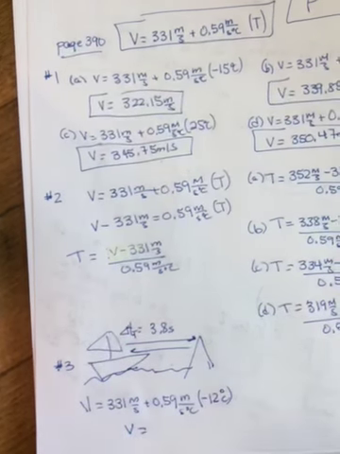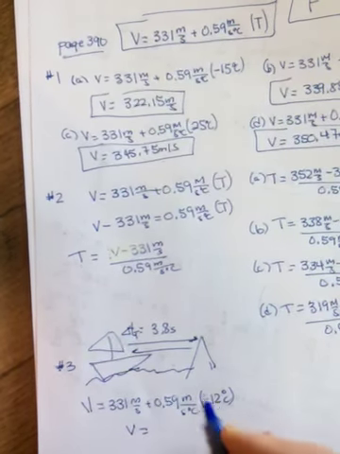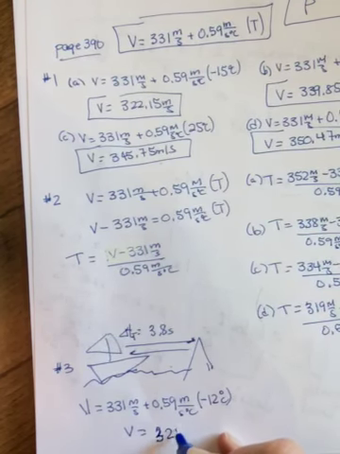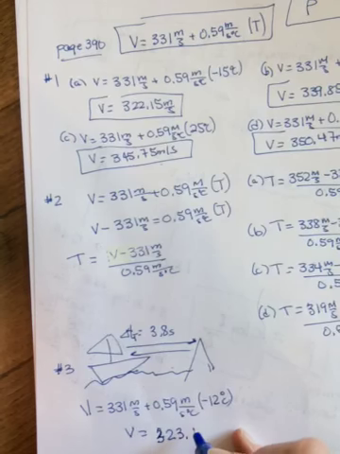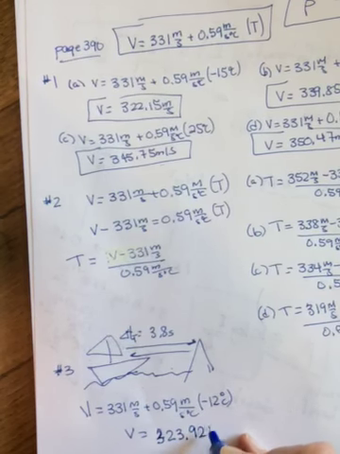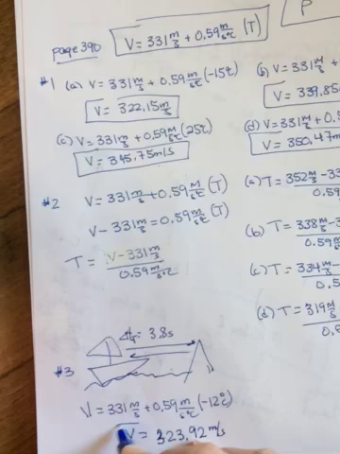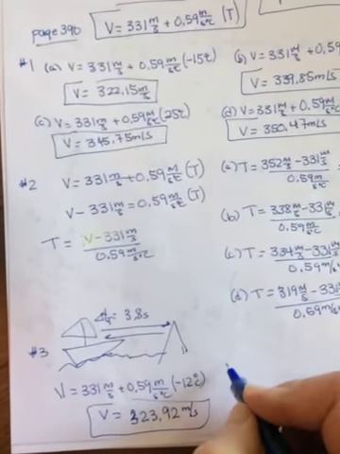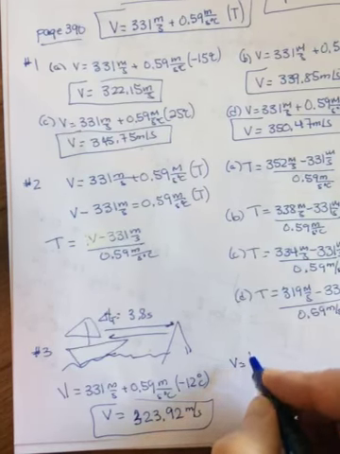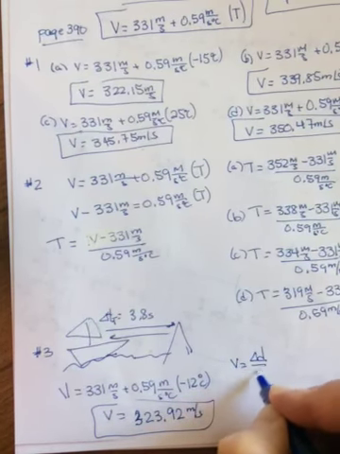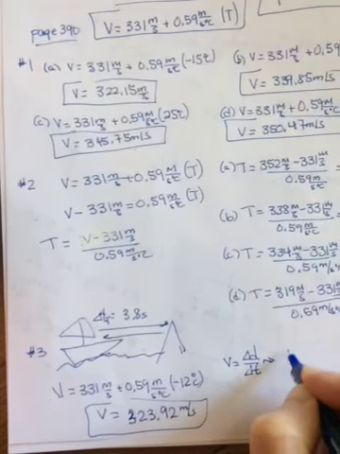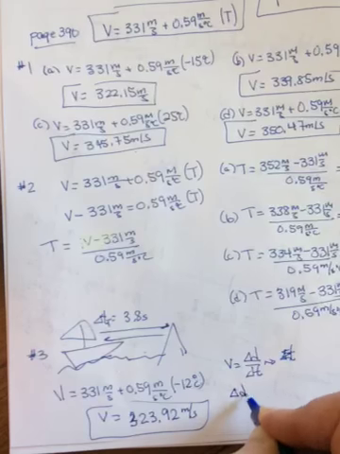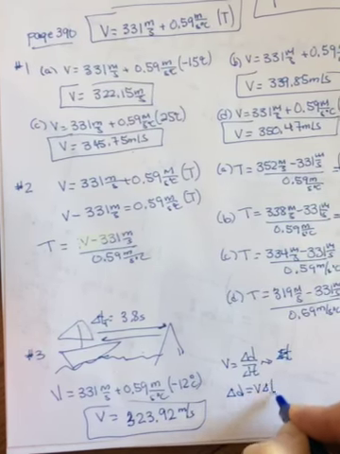So when you do this, you get a speed of 323.92 meters per second. So we have the speed, we have the time it takes to go over and come back, so we can do V equals delta D over delta T. So I want delta D. So delta D is equal to V delta T.